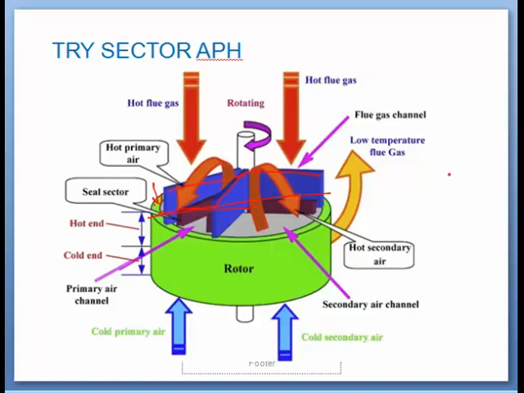So this is a trisector type of air preheater. The section for primary air is smaller in comparison with the section for the secondary air, because the amount of secondary air required is more in comparison with the primary air.